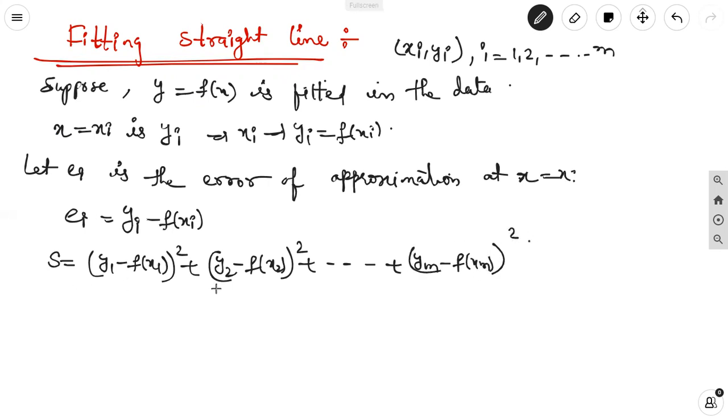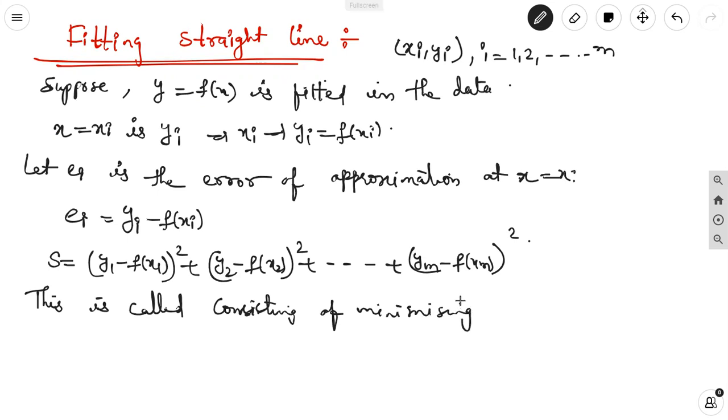This method is the least squares, consisting of minimizing S. This is called minimizing S of least squares.